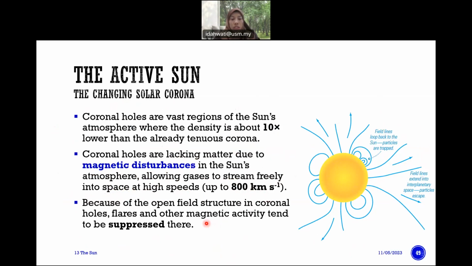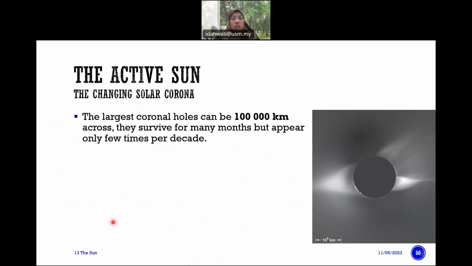Because of the open field structure in coronal holes, flares and other magnetic activity tend to be suppressed there. Okay, so the largest coronal holes can be about 100,000 kilometers, and may survive for many months.